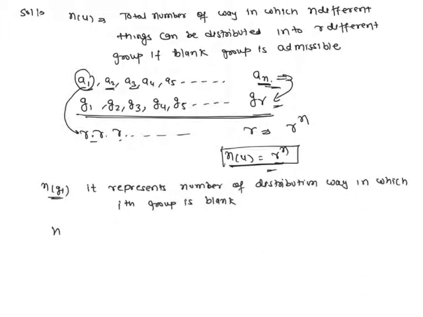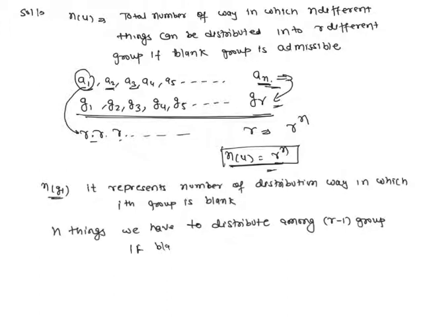That means n things we have to distribute among r−1 groups if blank groups are allowed. So n(Gi) will come (r−1)^n.